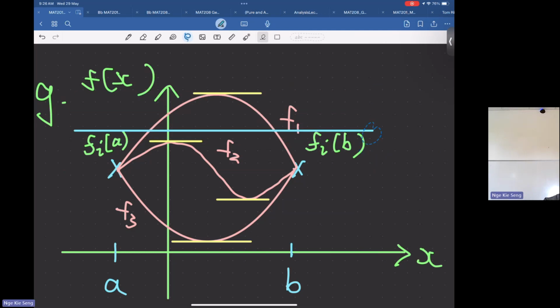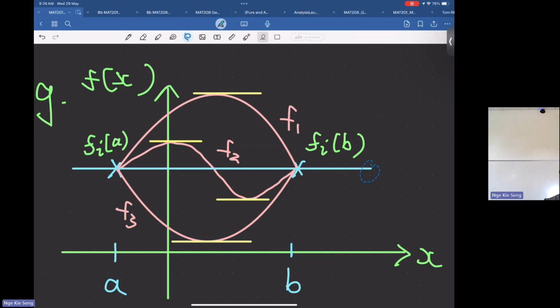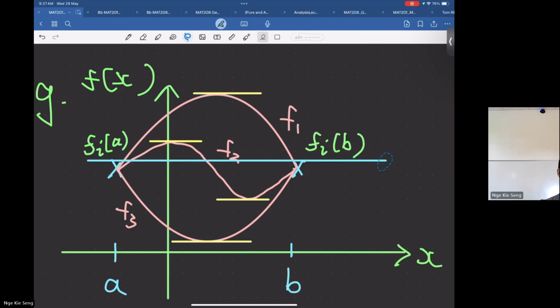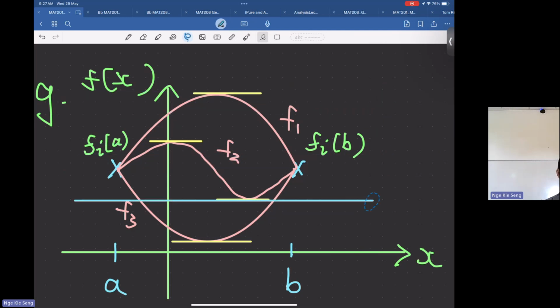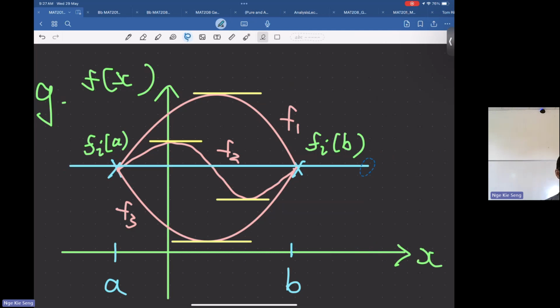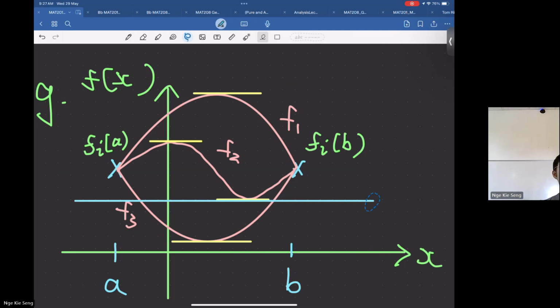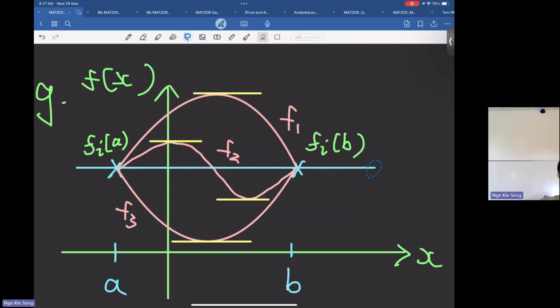So the assertion of this theorem says you must at least find one. This is the least case you can get. If you see f1 and f3, this is the least you can get. Maybe you can get more. You see, f2 got 2 actually. If you imagine you have more maximum points in the middle, then definitely you have to go to a minimum first.